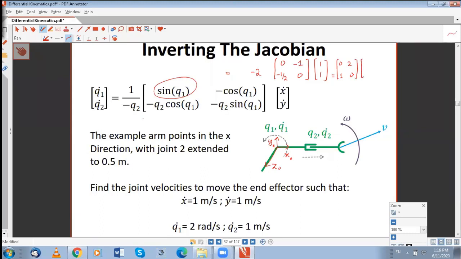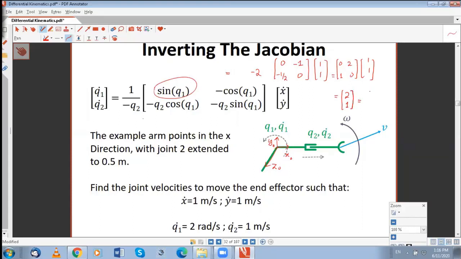And then you multiply with 1 and 1, and then you get 2 plus 0, 2. This row, this column, so then it will just give you 2, and the bottom one will give you 1.